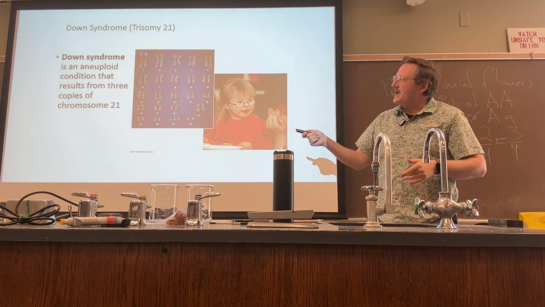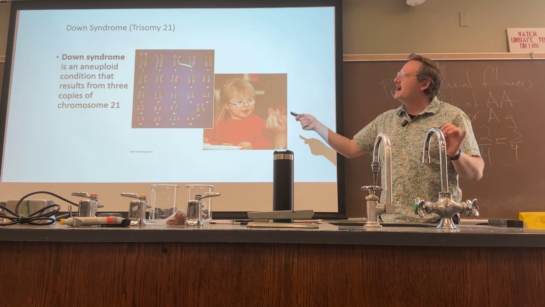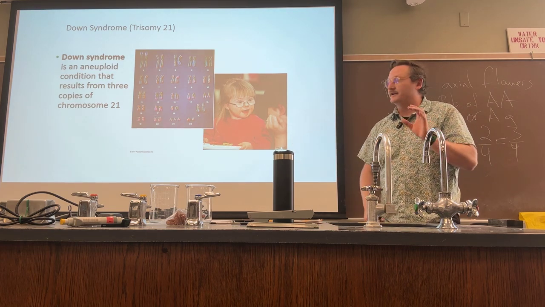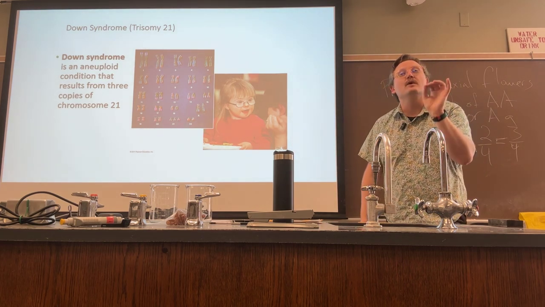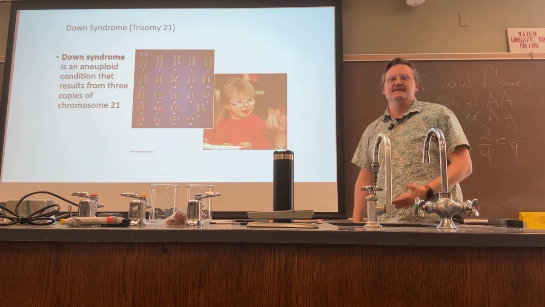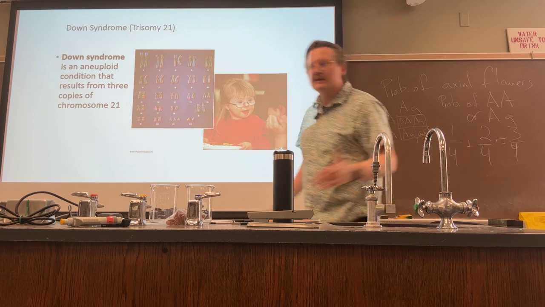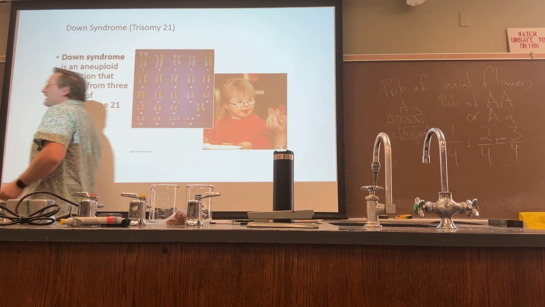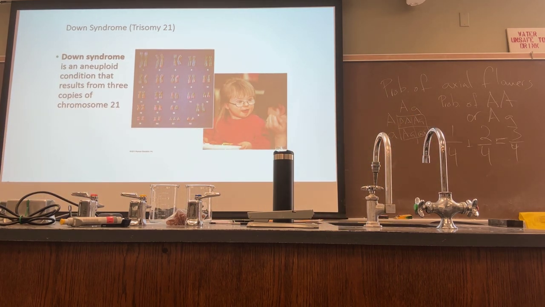Aneuploidy in any of the autosomes except for chromosome 21 does not lead to a viable offspring, an offspring that can be born. However, having 3 copies of chromosome 21, you develop Down syndrome. You're still a viable offspring.